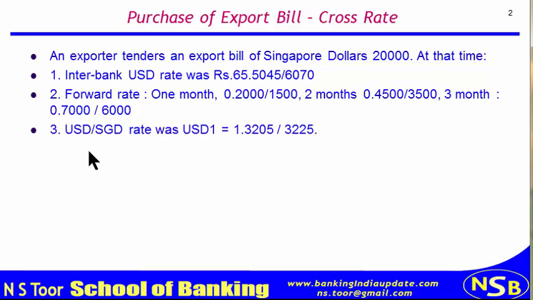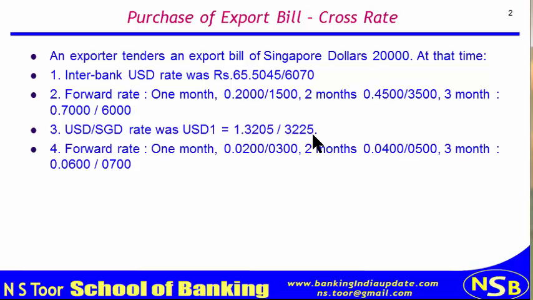As regards US dollar Singapore dollar rate, it was US dollar 1 equal to 1.3205/3225 Singapore dollars. The forward for Singapore dollar 1 month is this, 2 months is this, and 3 months is this.